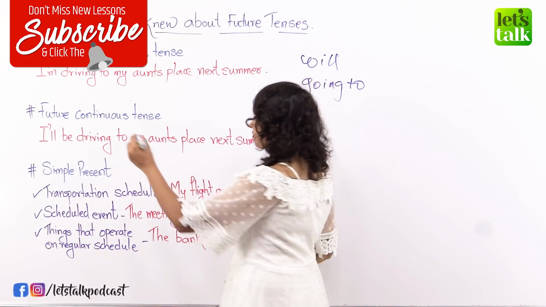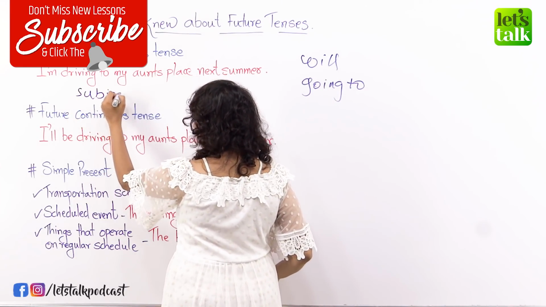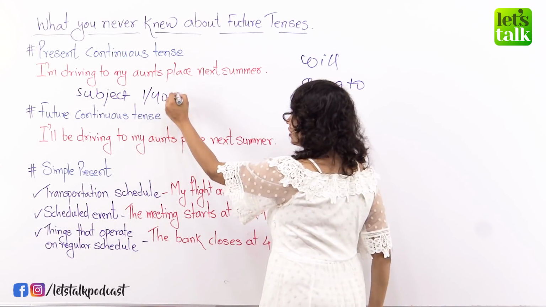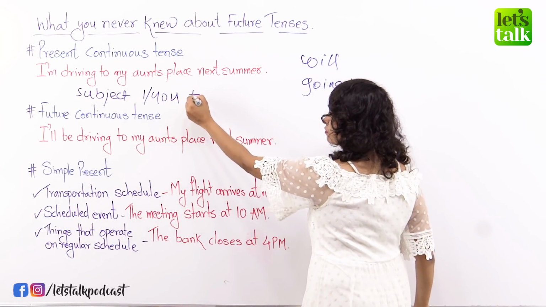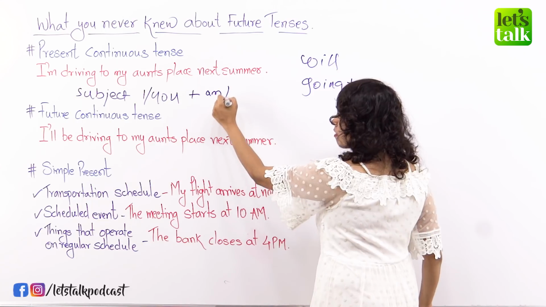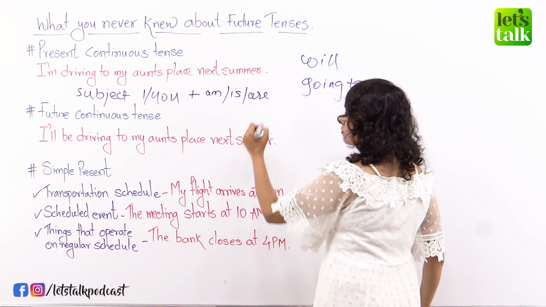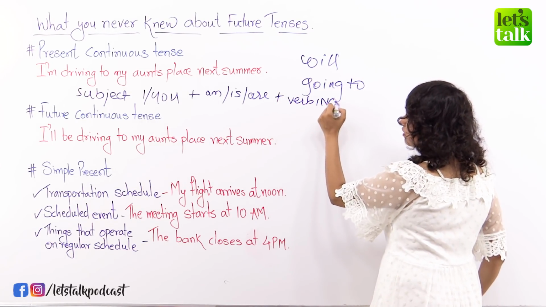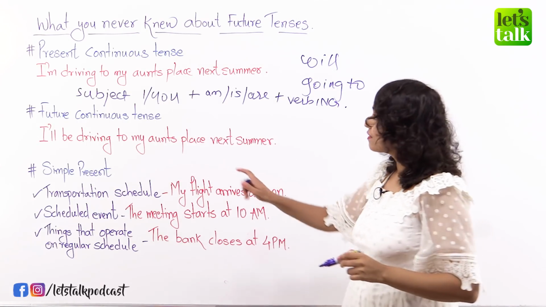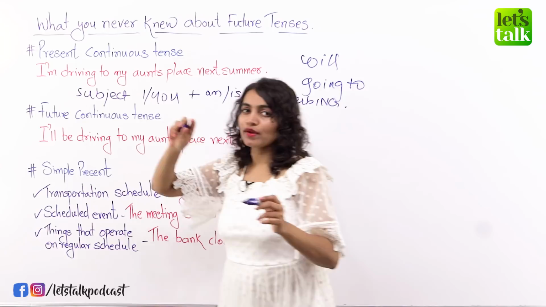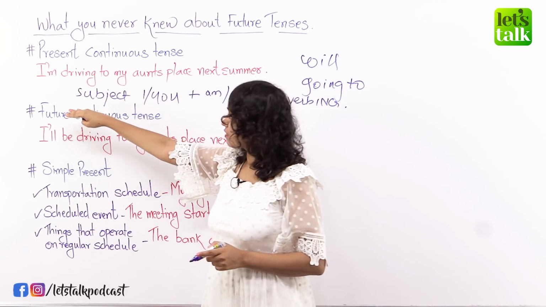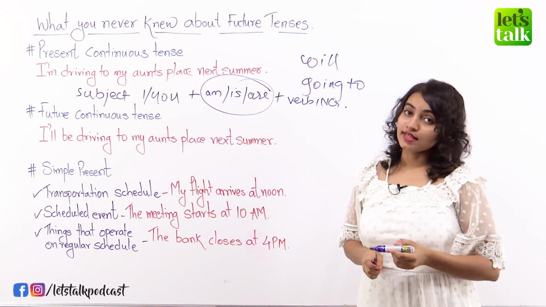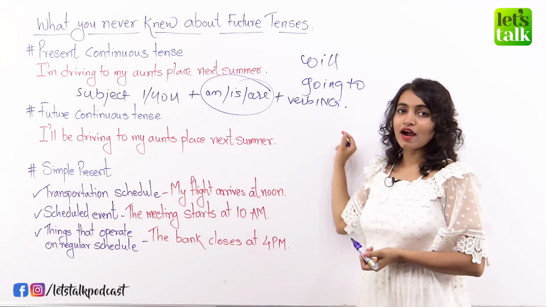That formula is the subject, which could be I, you, he, she, it, followed by am, is, or are, followed by the verb in the ing form. I repeat, a present continuous will always have this formula. You will start with a subject, which will be followed by either the am, the is, or the are, followed by the verb in the ing form.